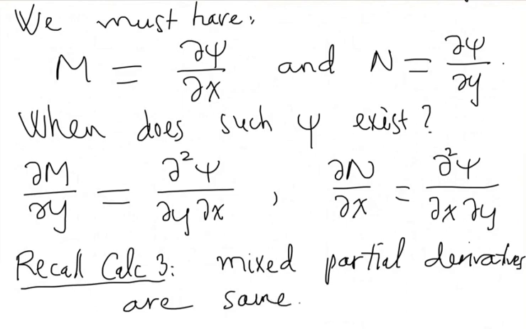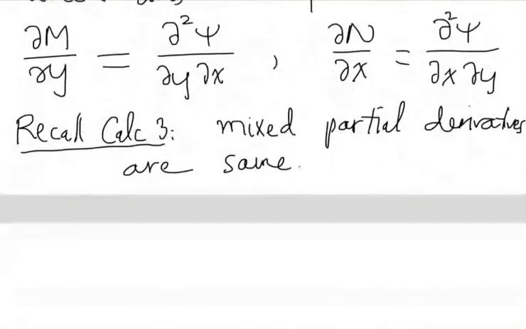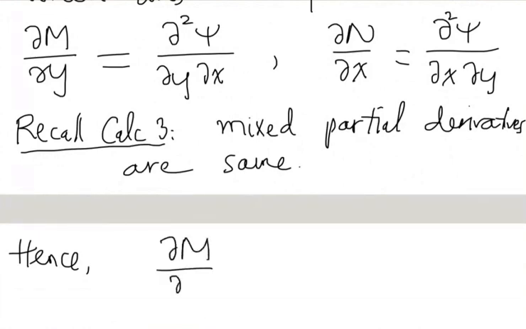What it means is if we take the partial derivative of psi in y and then in x, it should be the same as the partial derivative of psi in x and then in y. So the order does not matter. As a consequence, we must have partial m partial y equals partial n partial x. And this will be the criteria to check for exact equation.